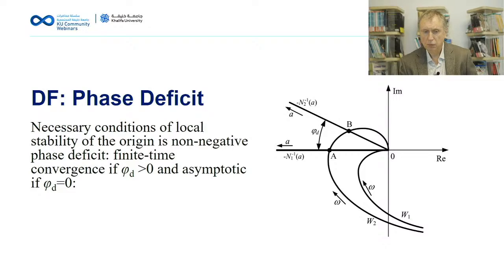If we have W2 with N1 or with N2, we have a negative value of the phase deficit and, respectively, points of intersection with N1 and N2, and we will not have convergence at all.